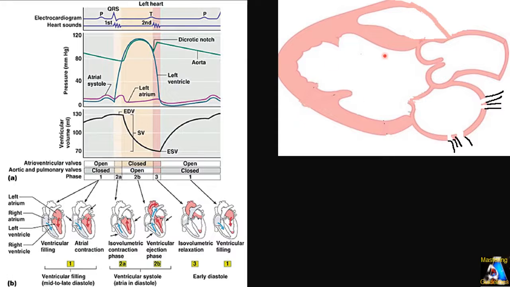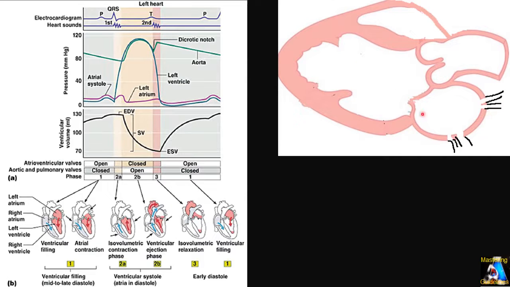As long as the pressure in the left atrium is more than the left ventricle, blood goes to the left ventricle. But at mid-diastole, because the left ventricle becomes filled, the pressures become almost equal.